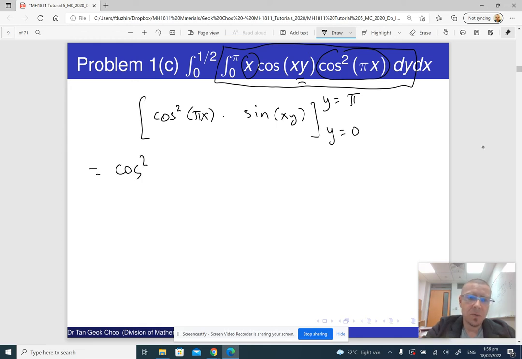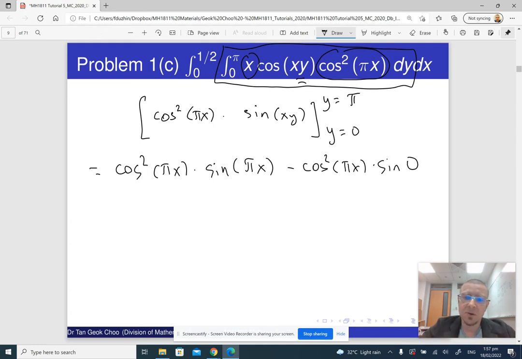So cosine square of pi x times sine of pi, so pi x minus cosine square of pi x times sine of 0 times x. Well, 0x is just 0, and sine 0 is 0. So this doesn't exist here. It's just 0. Okay, that's all. So I have computed the integral that is inside here, the boxed part.